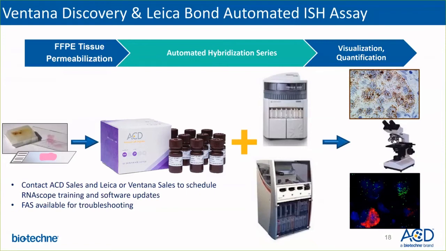As depicted in the previous table, some of these assays are available on either Leica Bond RX or Ventana Discovery automated platforms. Recently, we have launched Ventana Universal HRP AP assays, which will replace the Ventana RNAscope 2.5 HD Chromogenic assays.